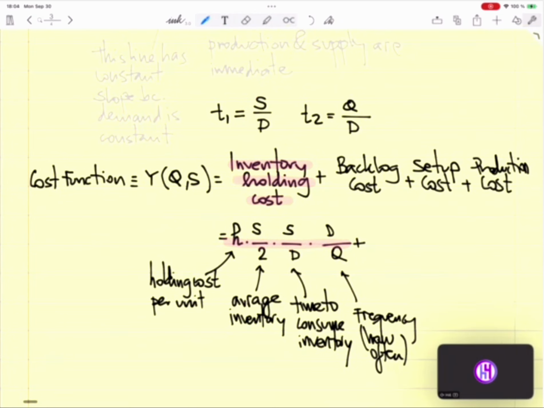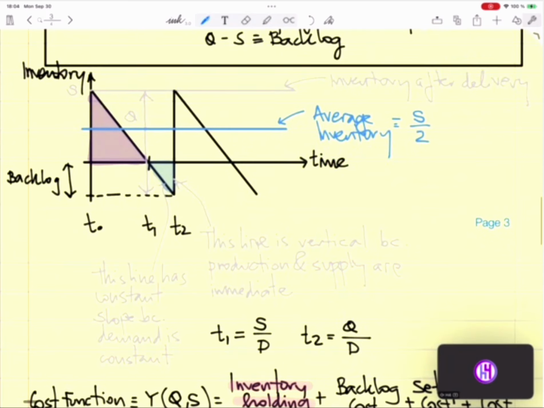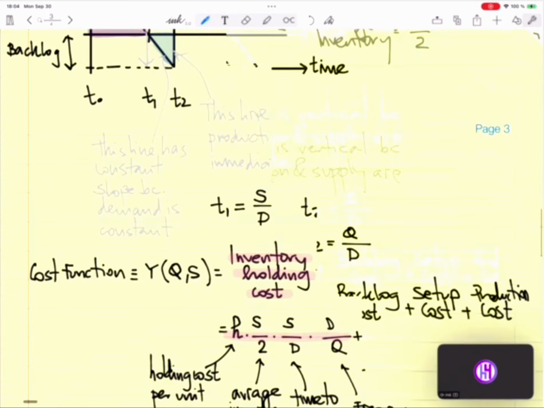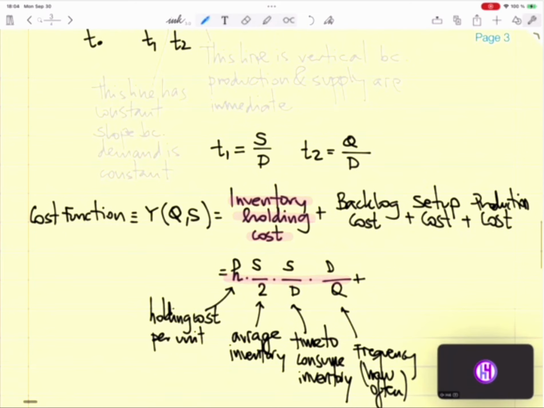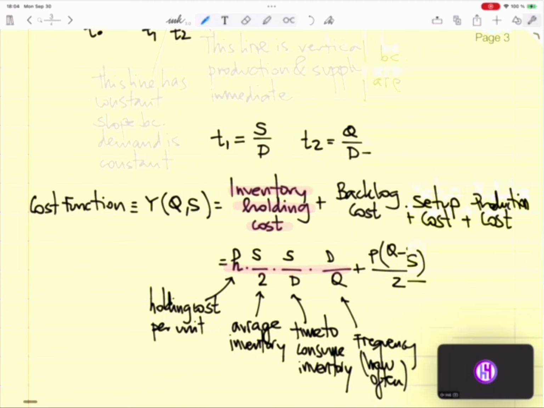P is the average backlog. Again, somewhere here. Okay. Average backlog, (Q minus S) divided by 2.